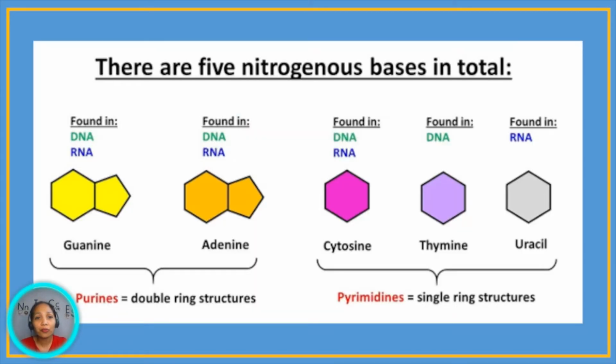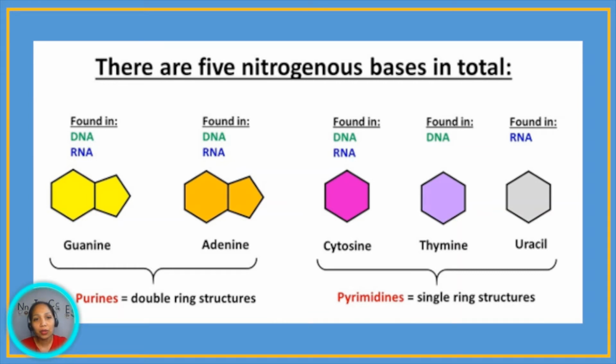So there are 5 nitrogenous bases in total and they can be classified into 2. We have the purines, which are double ring structures, and the pyrimidines, which are single ring structures. The nitrogenous bases guanine and adenine are purines, while the pyrimidines are cytosine, thymine, and uracil.